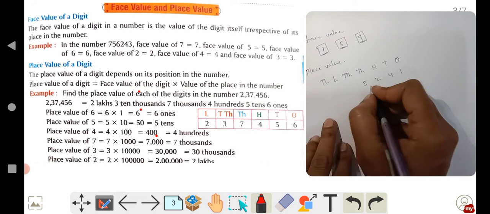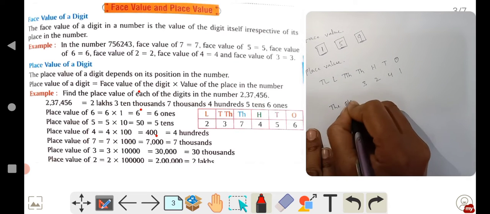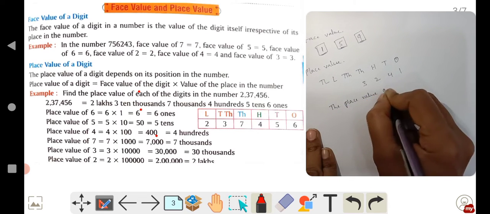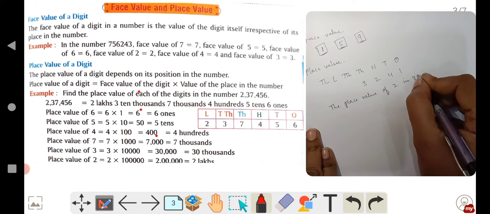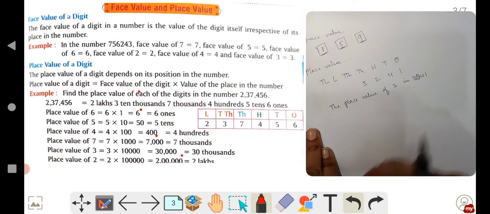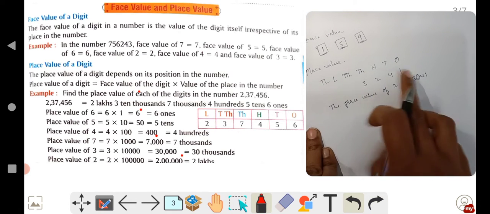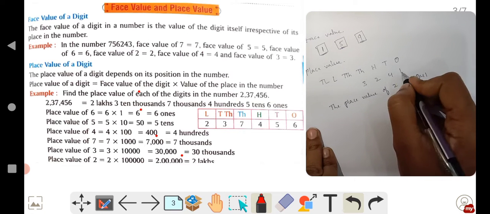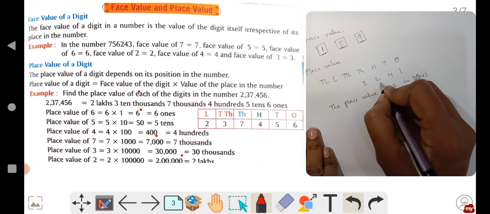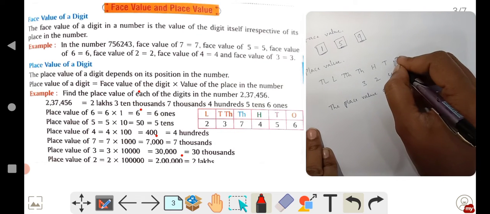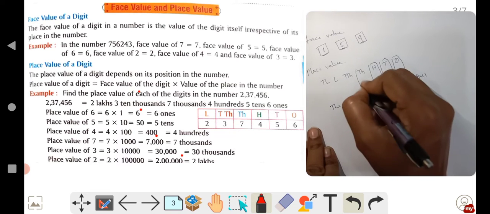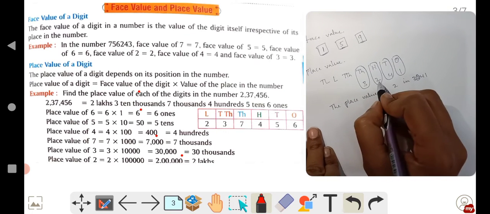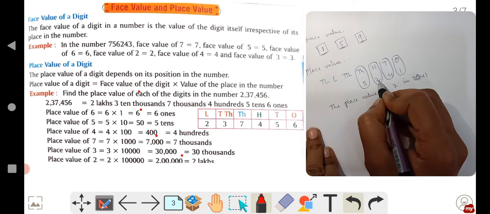If it is asked the place value of 2 in 3241, first we need to see which place 2 is in. 2 comes in either ones place, tens place, hundreds place or thousands place. So here we can see that 2 is in the hundreds place.